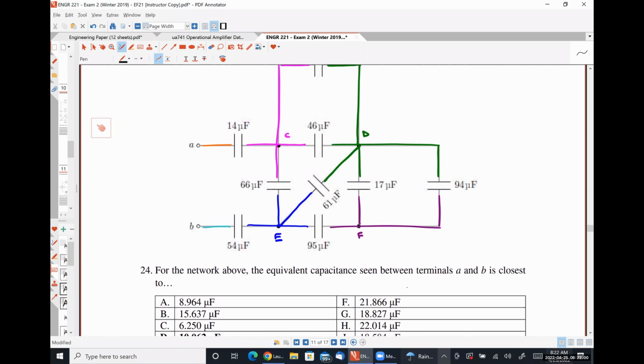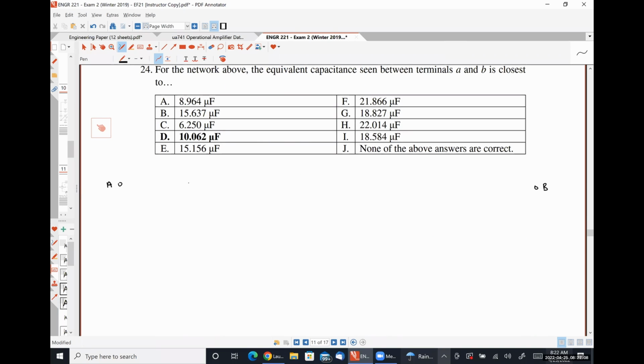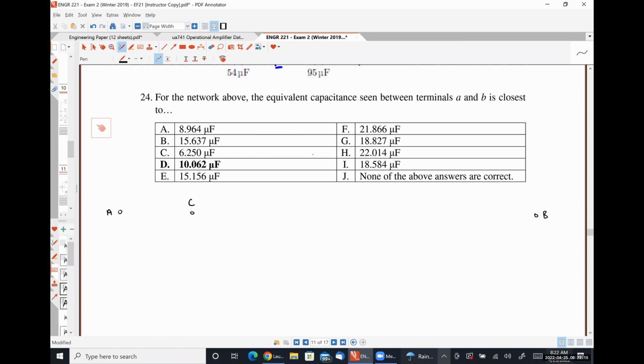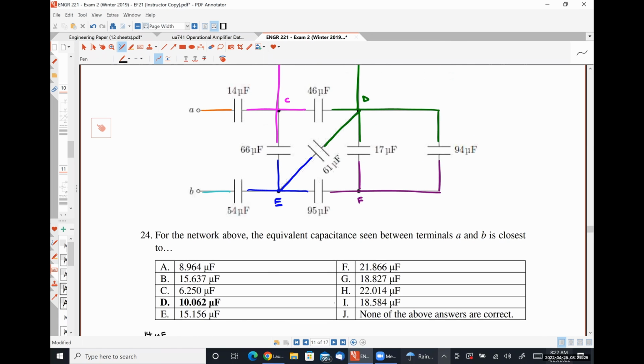To go from A to B, it seems fairly obvious that I have to first go to C, as that's the only route I can take to leave node A. So I'm going to put C here. From A to C is the 14 microfarad capacitor, like so. And I'm going to check mark there.